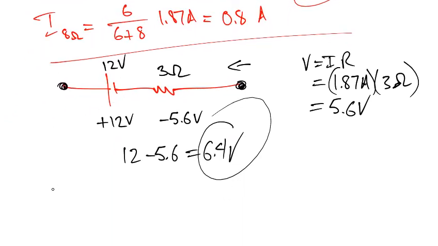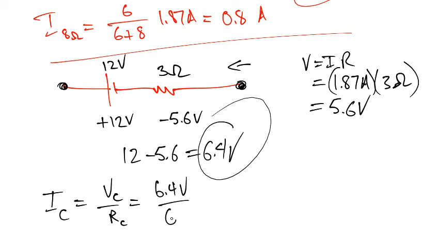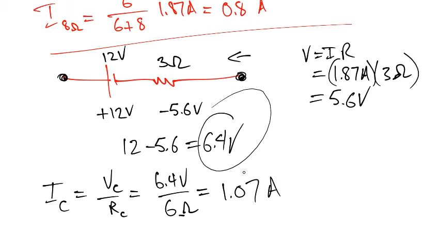That means that if we calculate the current for C, that's going to be VC divided by RC, and that's going to be 6.4 divided by 6 ohms. And there we get, let's try this out here, 6.4 divided by 6, bingo, we get 1.07, exactly as we did before.